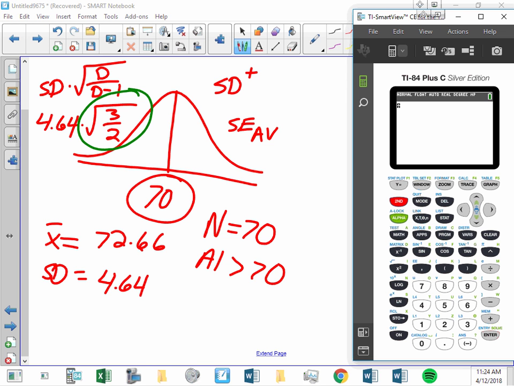So if I take the square root of 3 divided by 2 and push enter, how much bigger am I going to make my SD? 22%, right? What if I had 20 draws? So it'd be 20 divided by 19. Now I make my SD 2.5% bigger. What if I had 100 draws?